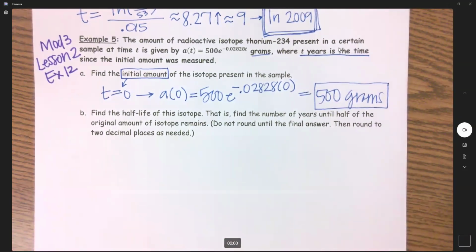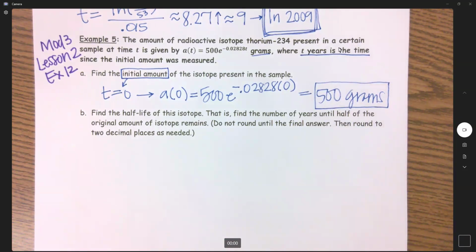Part B wants us to find the half-life of the isotope. That is, find the number of years until half of the original amount, which is that 500, of the isotope remains. Do not round until the final answer, then round to 2 decimal places.